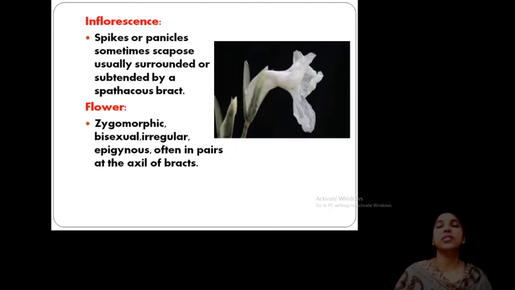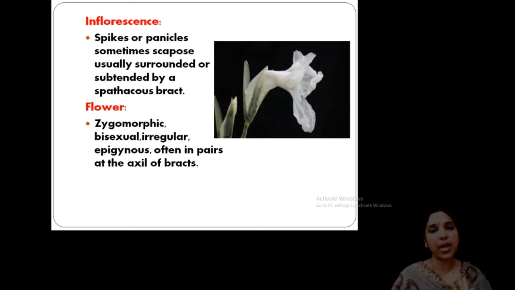Then inflorescence, this is the flower. Usually we observe white flowers for this. They occur in spike inflorescence, but sometimes you can see panicles also. They are scapose, surrounded by a spathaceous bract. See, the bract is a prominent structure here and the spike is the typical inflorescence. And like our other families, this also has a zygomorphic condition.